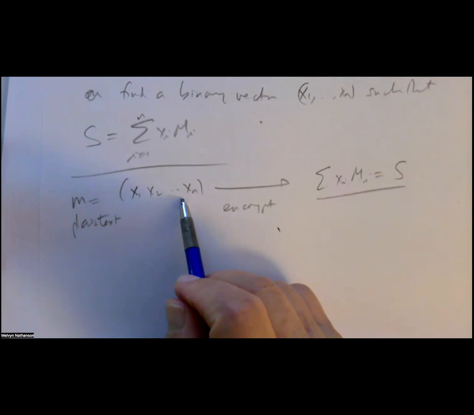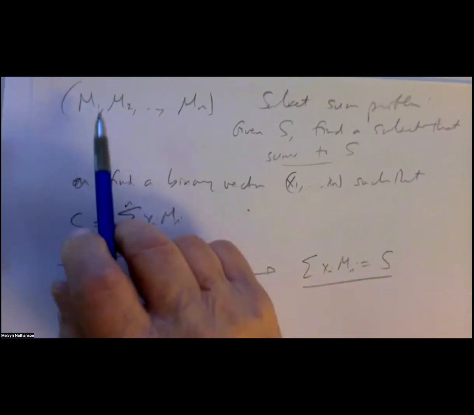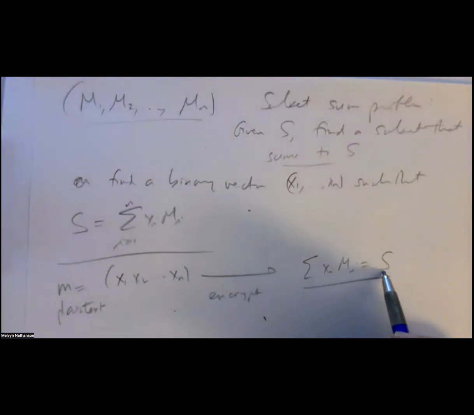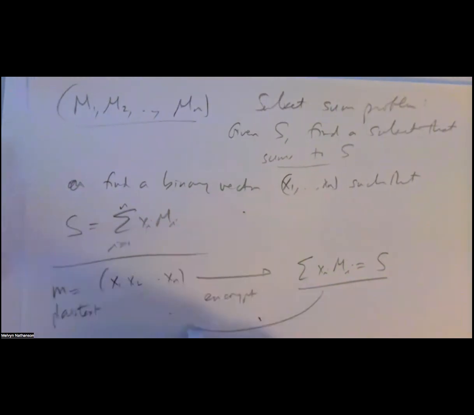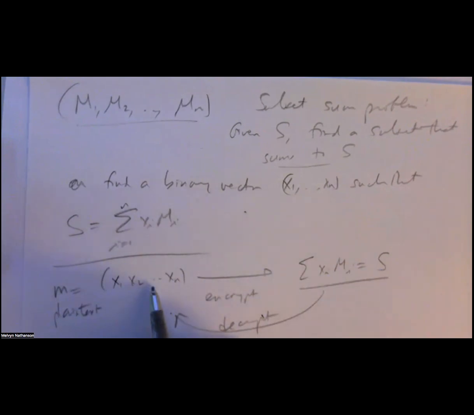So given any binary vector, it corresponds to a subset of these numbers. You add up those numbers, you get s. And your decryption would be given s, find the subset that adds up to s. And the idea is that sometimes this is hard to do. But you have to make it so that it's always hard to do.